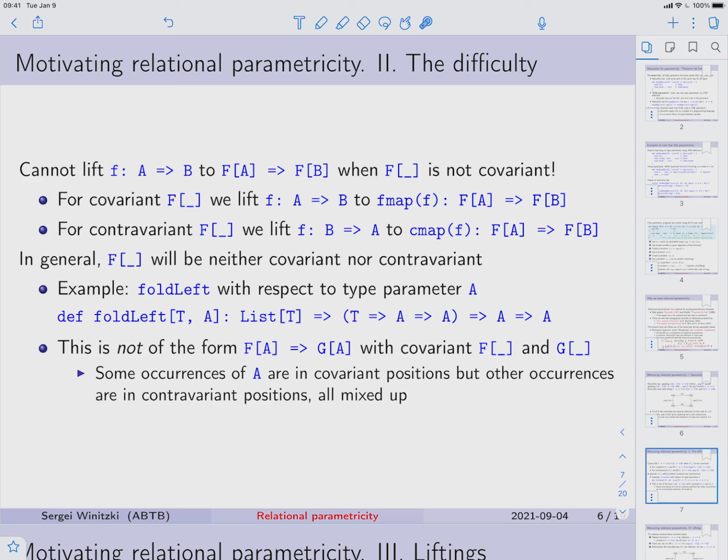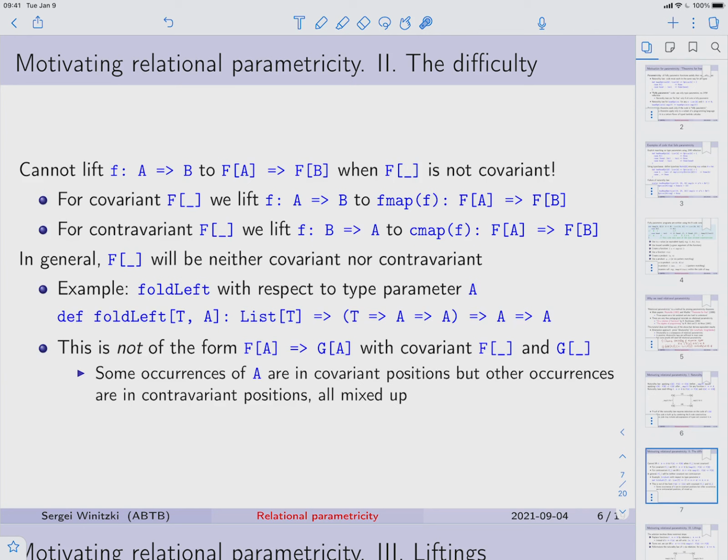Other occurrences are in contravariant position, like these two, and it's just all mixed up. It's too complicated. So it's not possible to write this type signature in the form of some covariant f of a being mapped into some covariant g of a. So that is a difficulty.